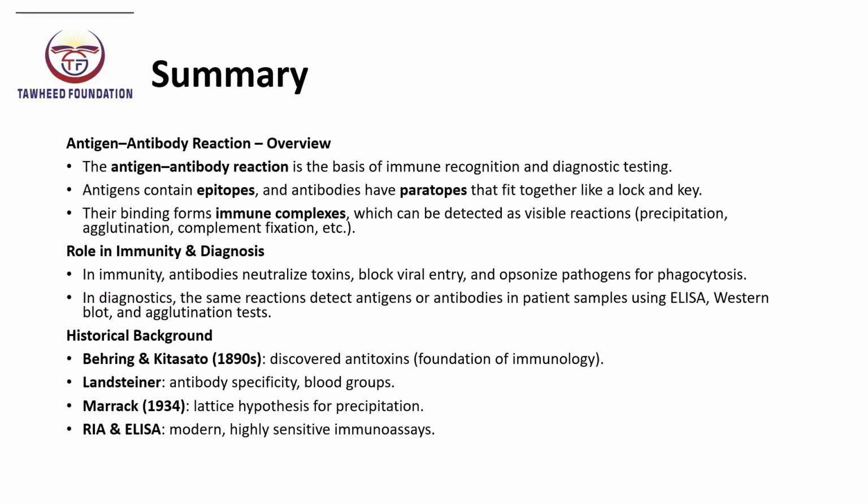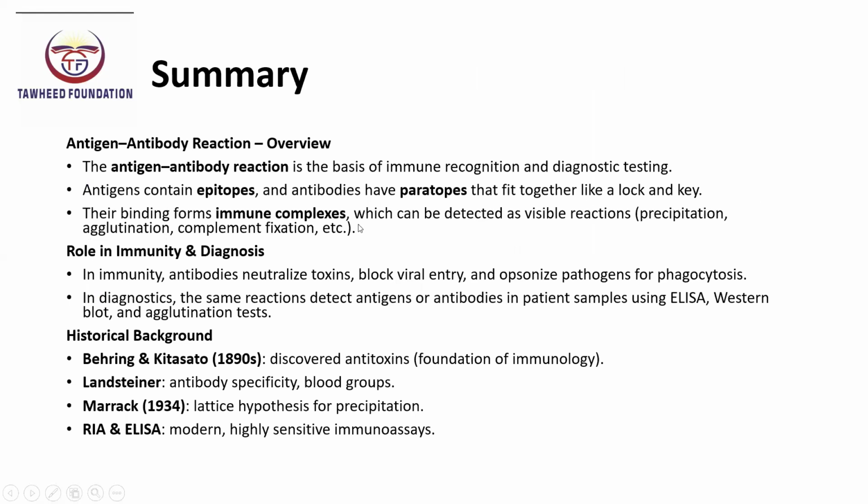So, summary for this. Antigen-antibody reaction overview. Antigen-antibody reaction is the basis of immune recognition and diagnostic testing. Antigens contain epitopes and antibodies have paratopes that fit together like a lock and key structure.